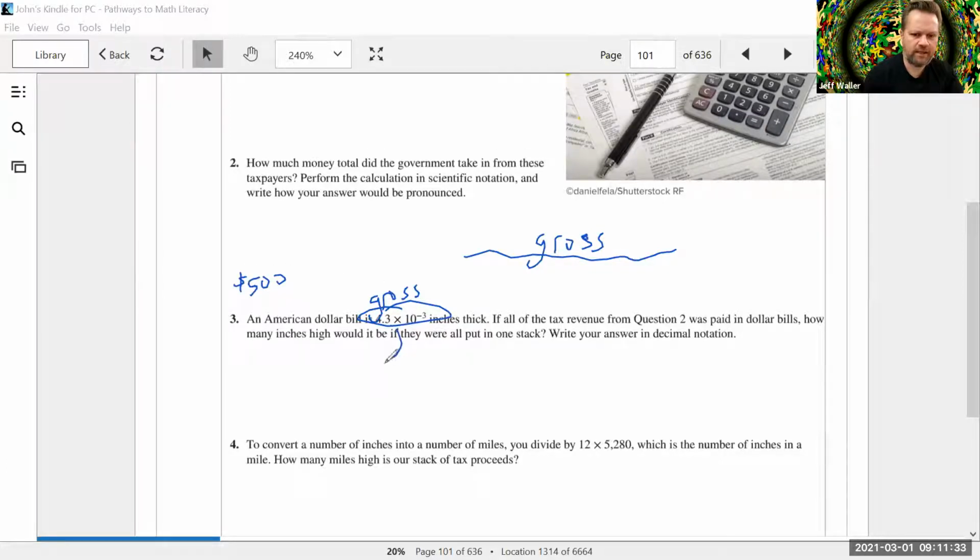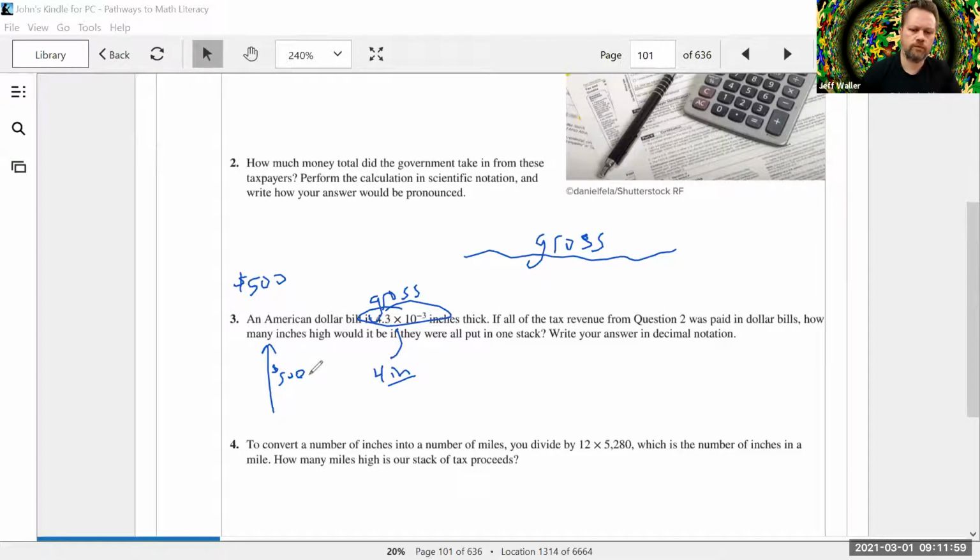And let's pretend that they're each 4 inches thick, right? Can you imagine that? If each dollar bill is 4 inches thick, dude. Can somebody tell me how tall the stack would be if I stacked $500 bills and they're each 4 inches thick? How tall would that stack be? What would you do? 2,000.